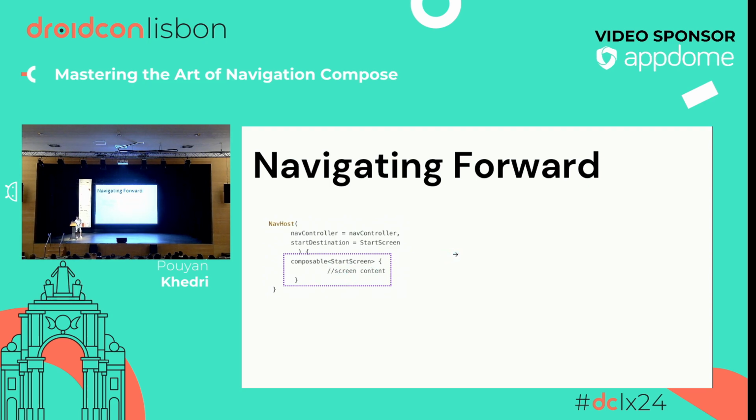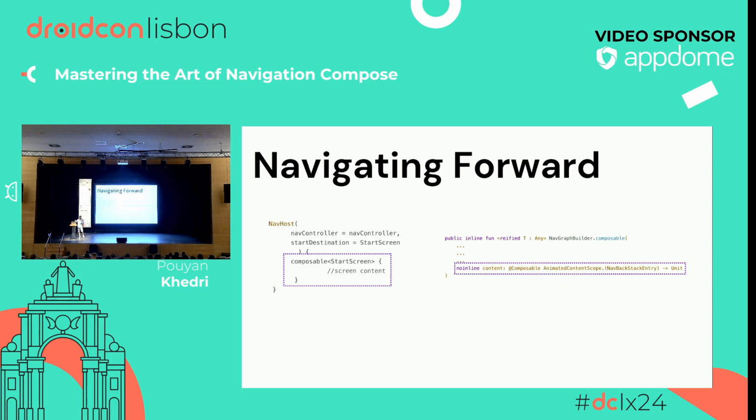So let's take a closer look at this composable extension function. This is actually an extension function to the nav graph builder, and it accepts a bunch of parameters, and we are interested in one of them, the content. This content is actually the composable code or the composable screen that we are declaring and we want to navigate away from or navigate back to.